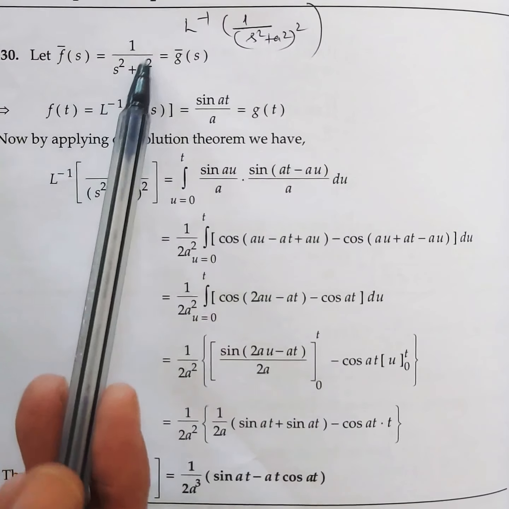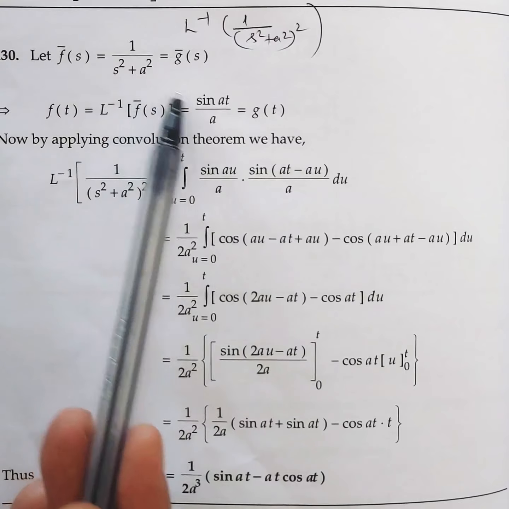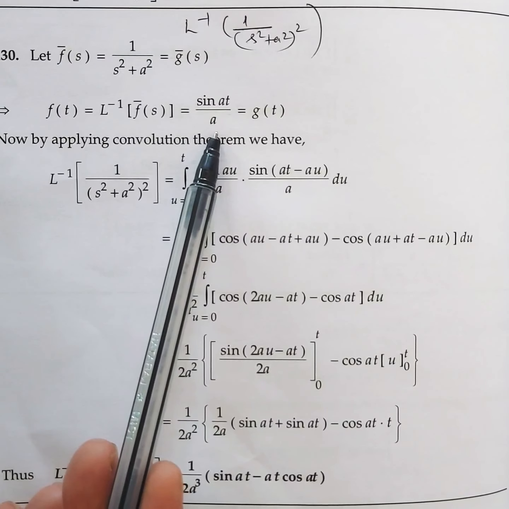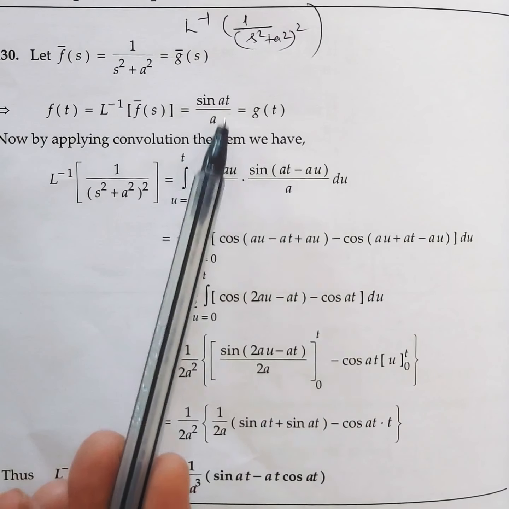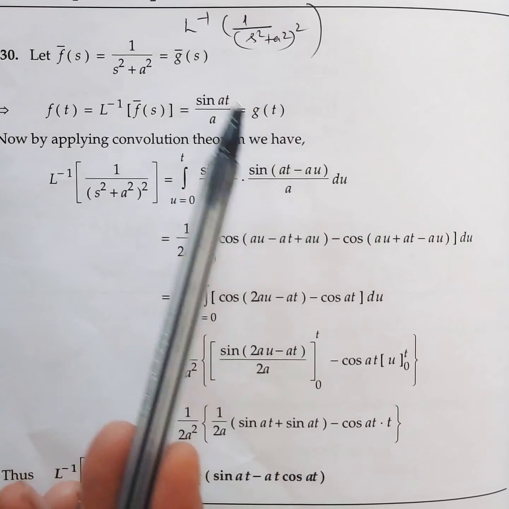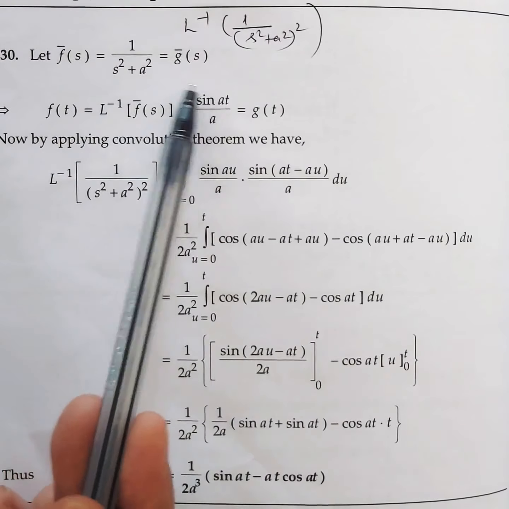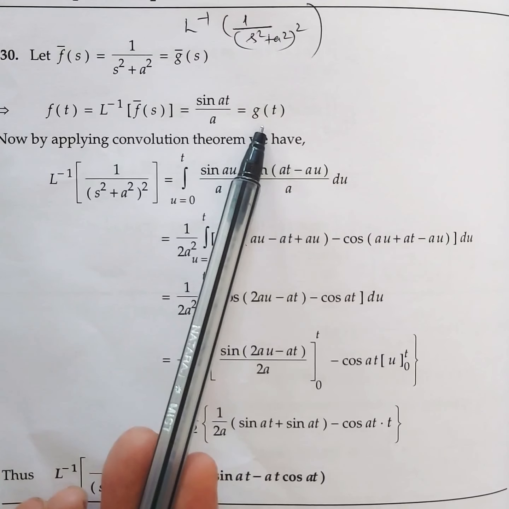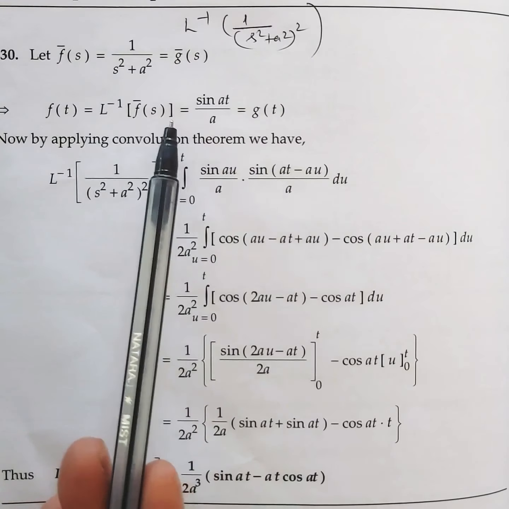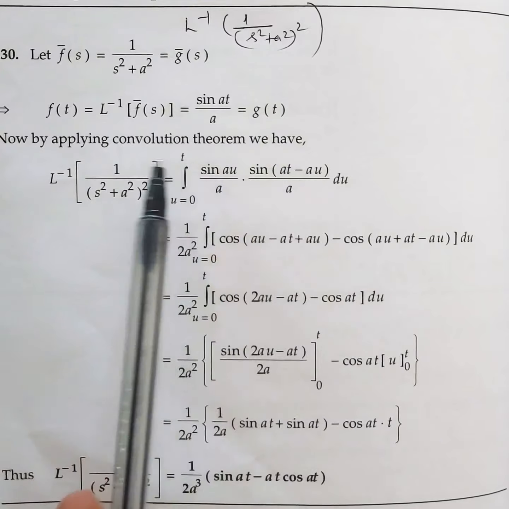So L inverse of 1 by s square plus a square is sin at by a, just by using the formula. And this is the same as g of t, because in my first problem I have f bar of s and g bar of s as the same function. So step 2 is also over, finding the inverse.